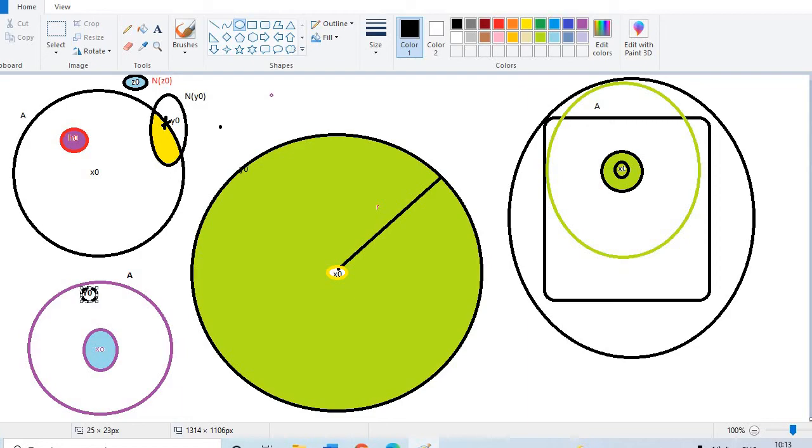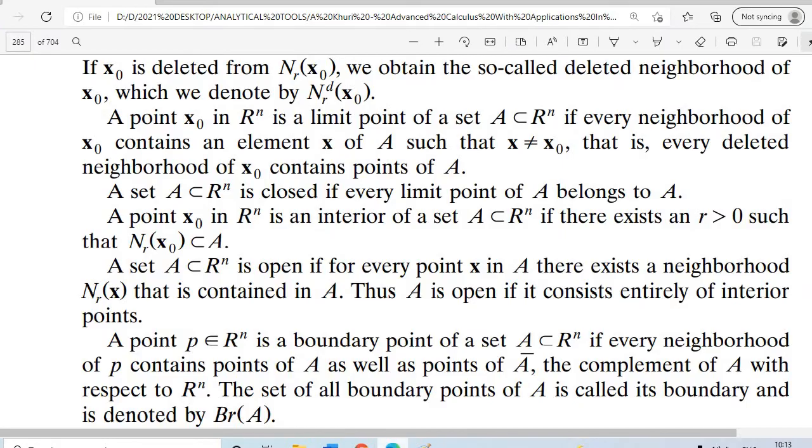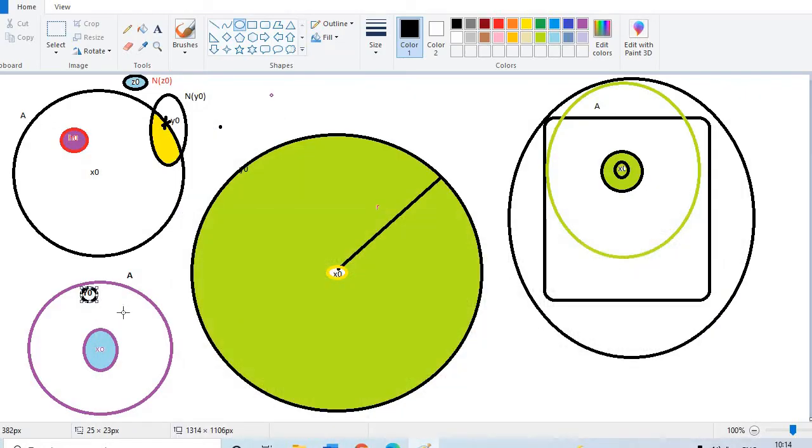So there exists a neighborhood, that is, there exists an r greater than 0 such that N_r of x0 is a subset of A. അപ്പോൾ എല്ലാ നെയ്ബർഹുഡും വരണമെന്ന് പറയുന്നില്ല. At least one neighborhood inside that A.